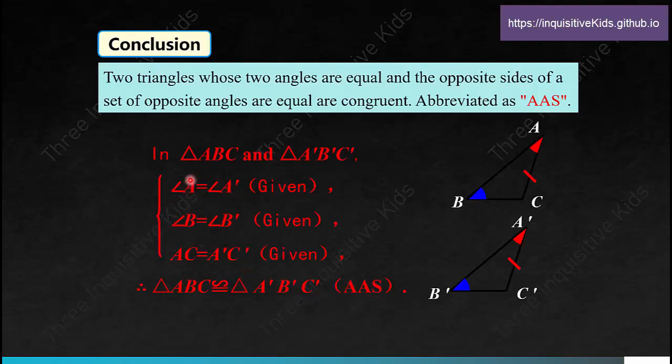That would be angle A, angle B, right? And then the side that's given is AC is equal to A prime C prime, and that can help us figure out that triangle ABC is congruent to triangle A prime B prime C prime because of AAS.